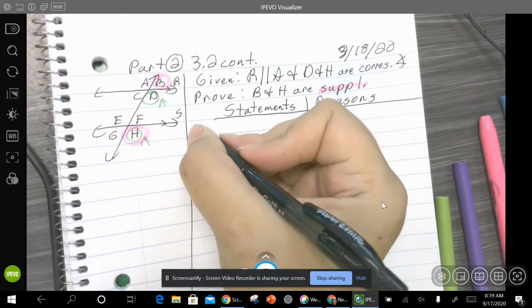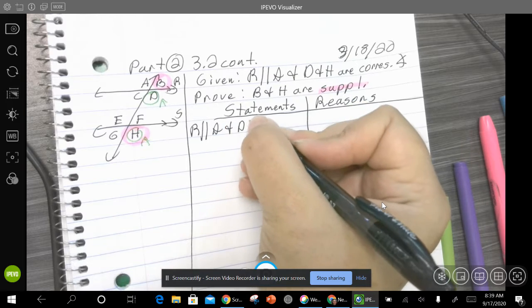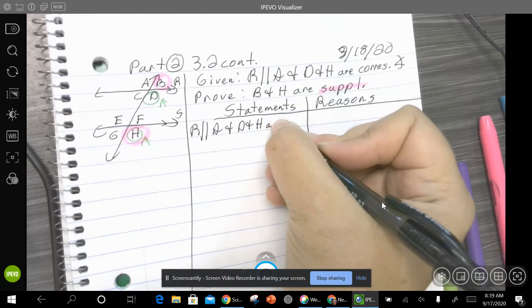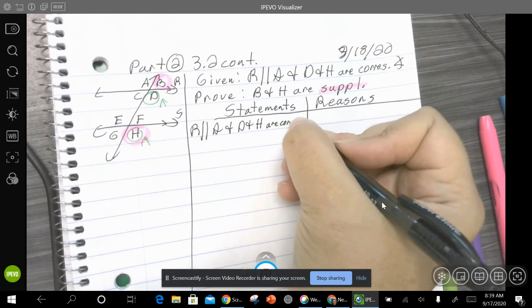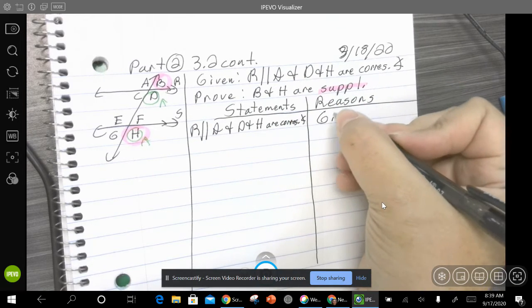Okay, so of course we're going to start with our givens, our gibbies. Okay, so those are our givens.